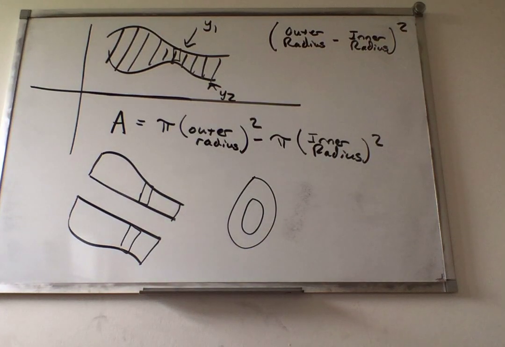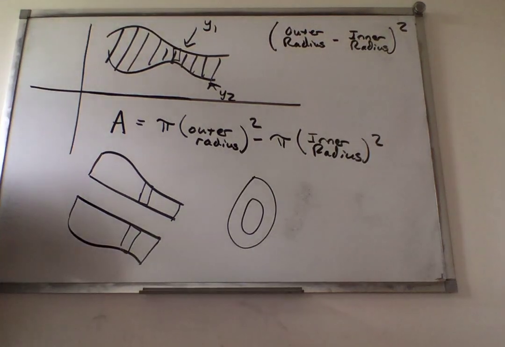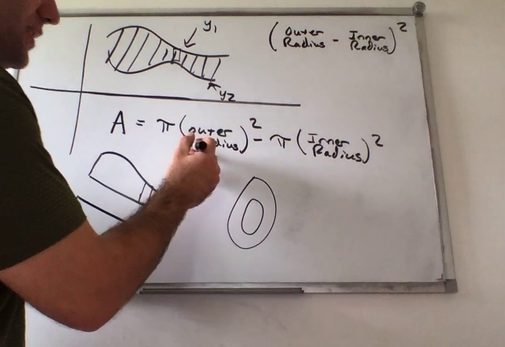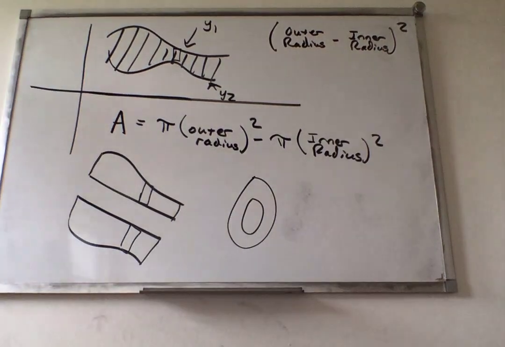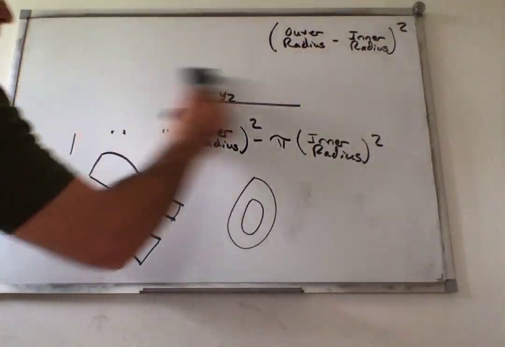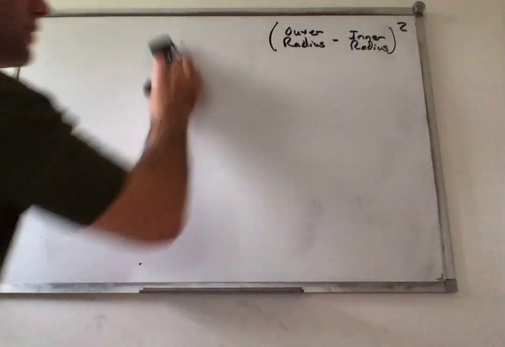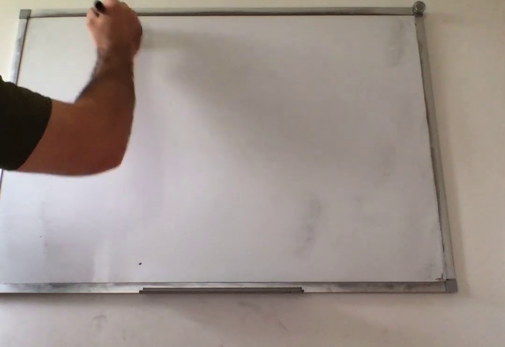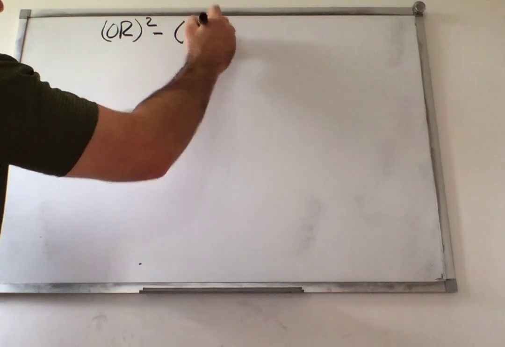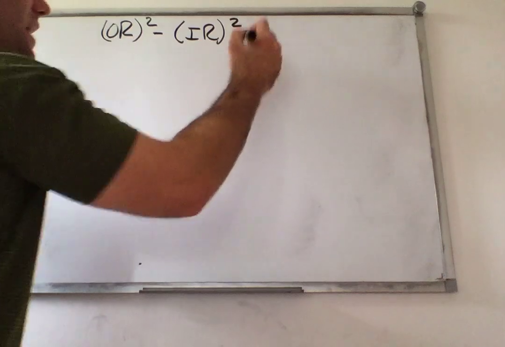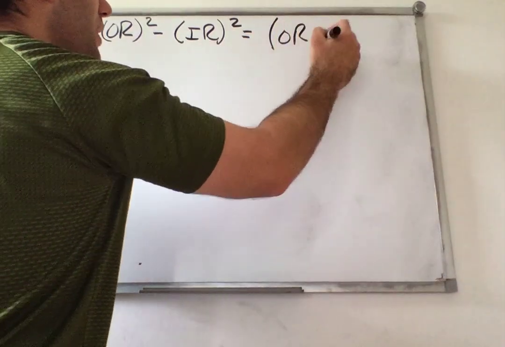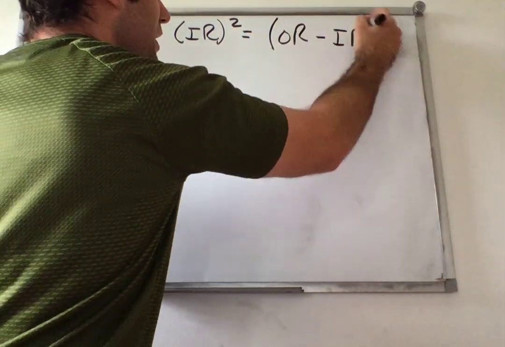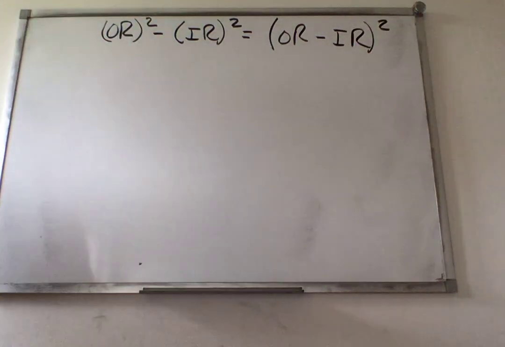Okay, so you don't do the outer radius minus the inner radius squared because these two expressions are different. Here's the question. Is the outer radius squared minus the inner radius squared the same thing as the outer radius minus the inner radius squared? Are those two the same thing?